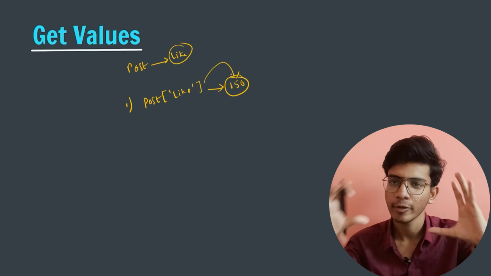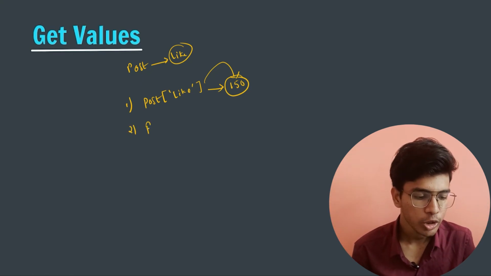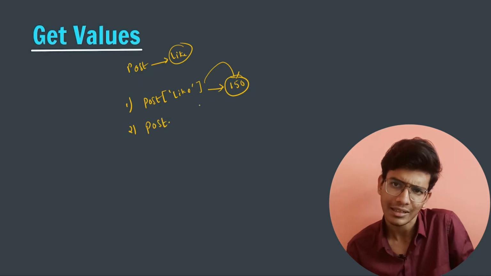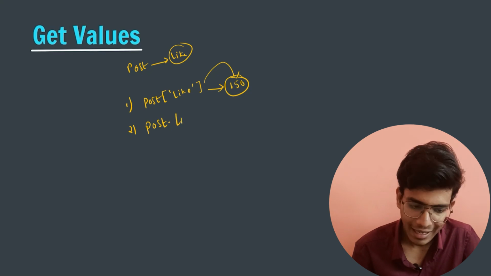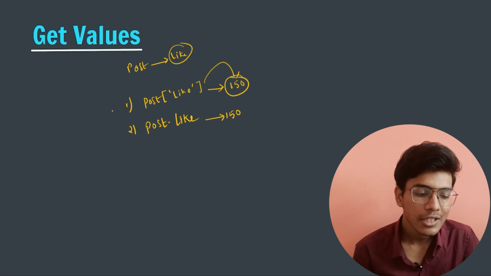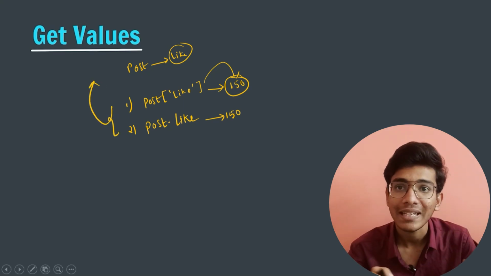This is one method, using square brackets. The second method is post dot the key, so I write post dot likes, and this will give me 150 as well. So these are the 2 methods we can use to get values from a particular object.